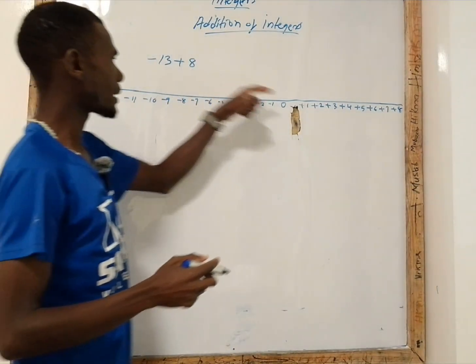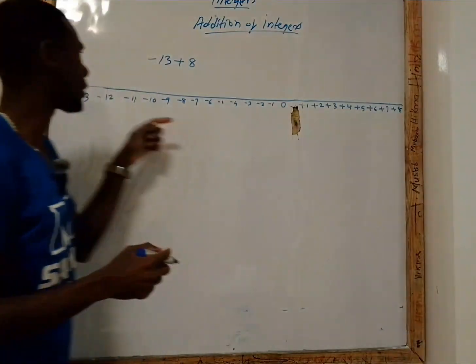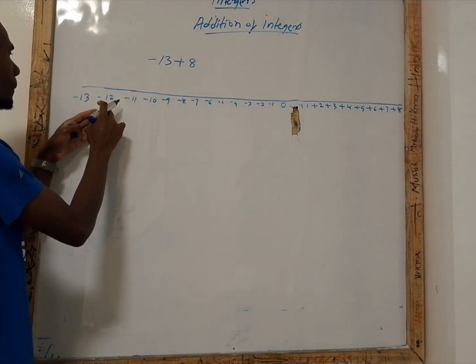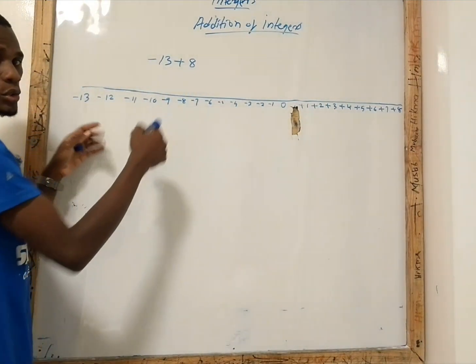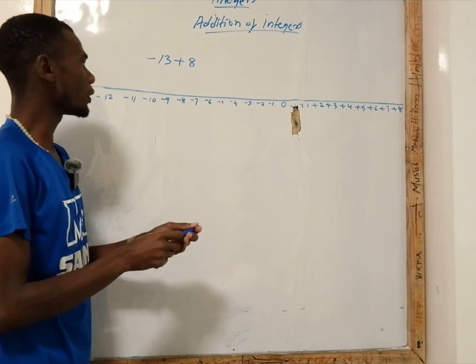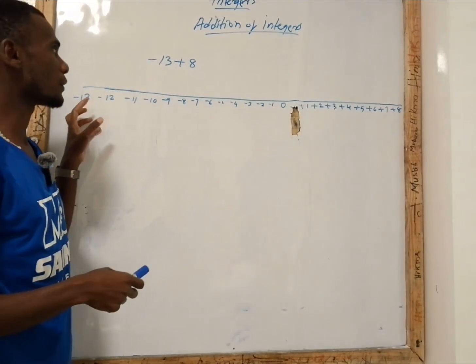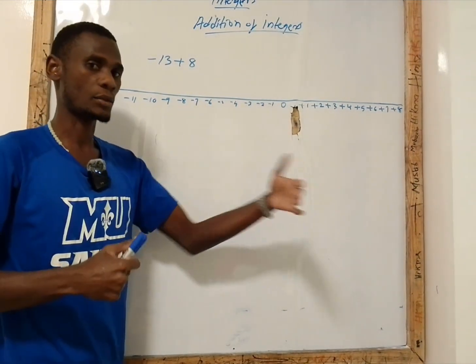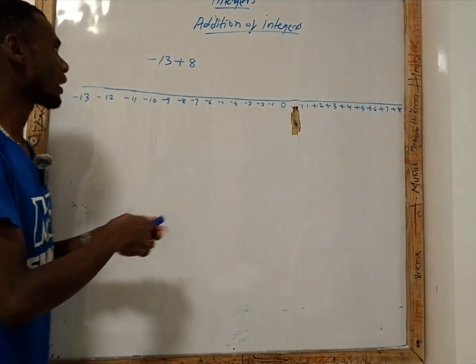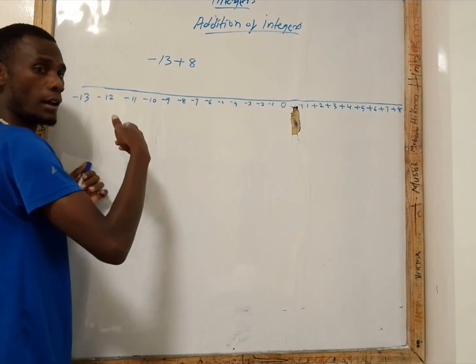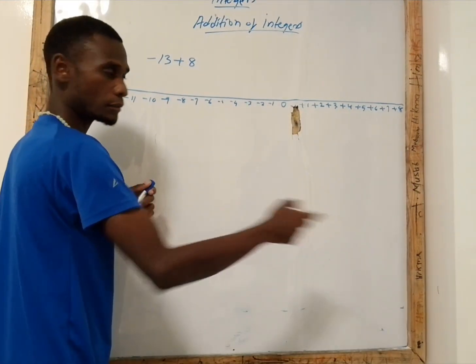This one is not a must that you have to reach 8, because the problem is here, there's this plus. Plus means when you are adding, you are moving from left towards right.